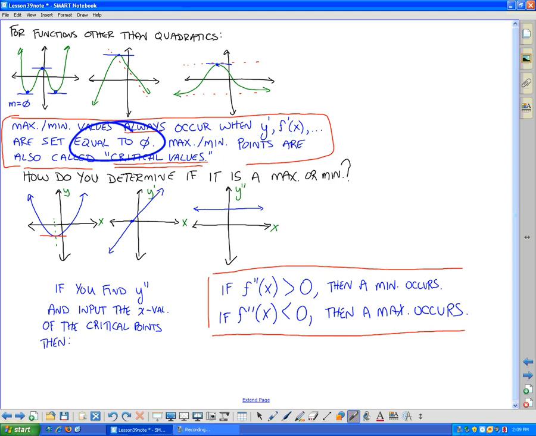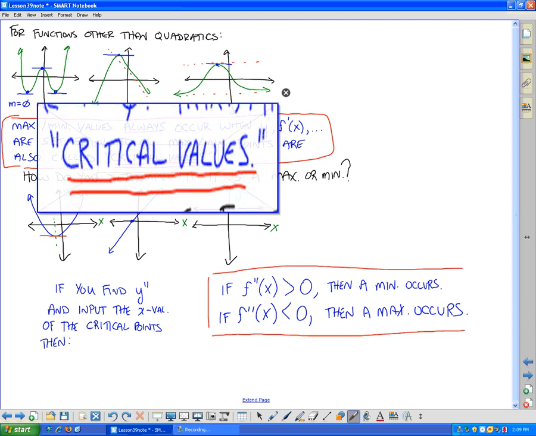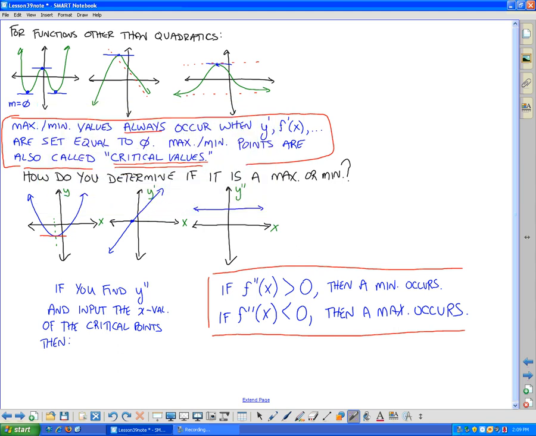So max min points are also called critical values. Critical values are used in the textbook, and you'll hear professors talk about critical values. Max mins fall under that category. They're one type of critical value.